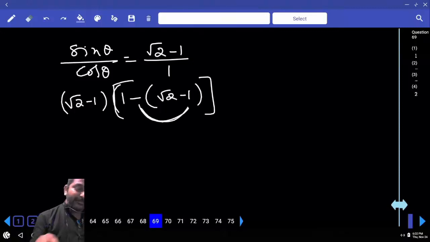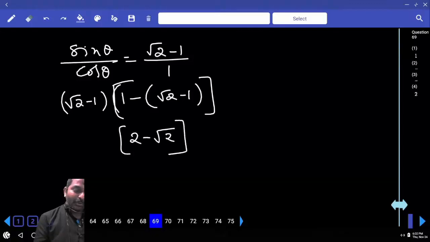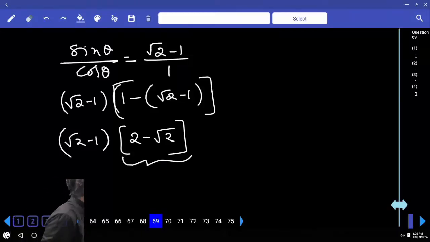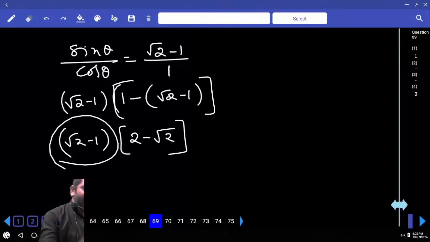Minus of minus 1 plus 1. 1 plus 1. So here inside bracket 2 into root 2. Already we have root 2 minus 1. Yes. When you look at this, can you take root 2 common? Then value becomes root 2 minus 1. Already we have root 2 minus 1.